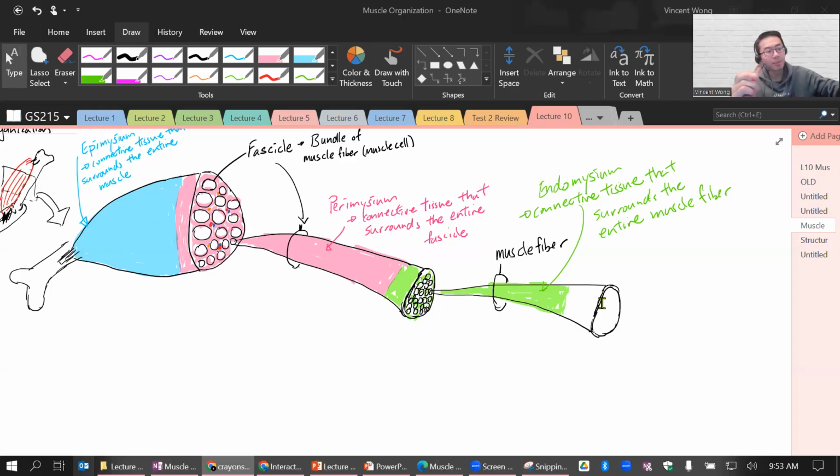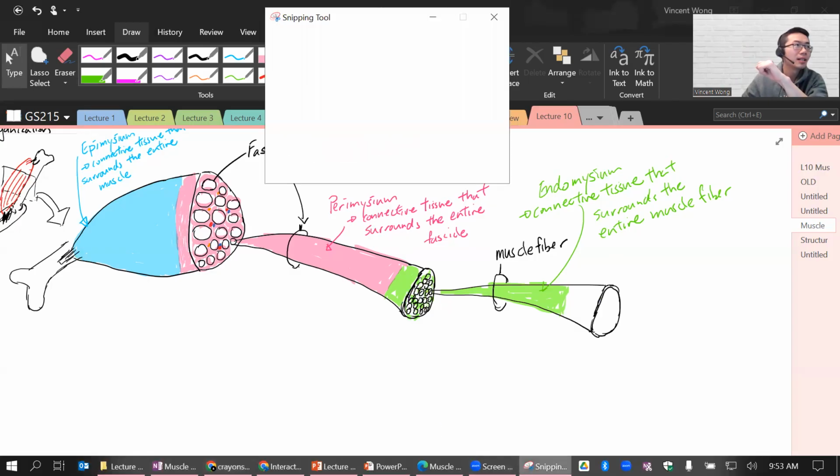So now I'm gonna take a bunch of them. If you have a bundle of these crayons, a bunch of these muscle fibers, what do we call this bunch? Fascicle? That's right, the fascicle. Very good. Okay. So in this analogy, what is a fascicle? Hold on.